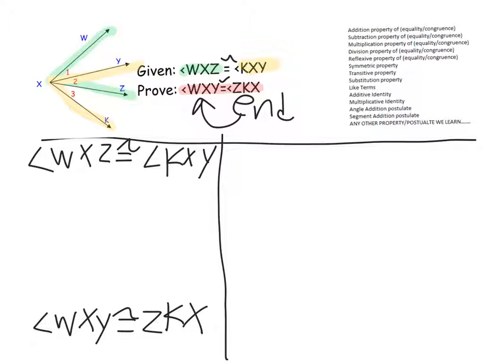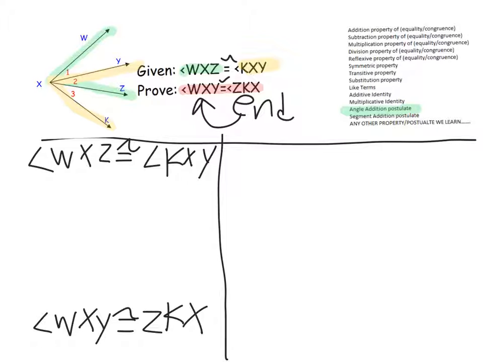Let's focus on maybe that green angle. What is that green angle made up of? What pieces make up that green angle? Well, there's something called the angle addition postulate that we can use, and we can say that angle is made up of two different pieces.